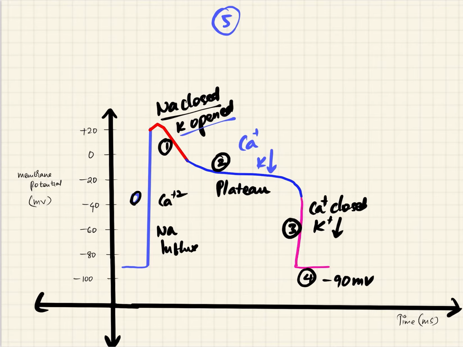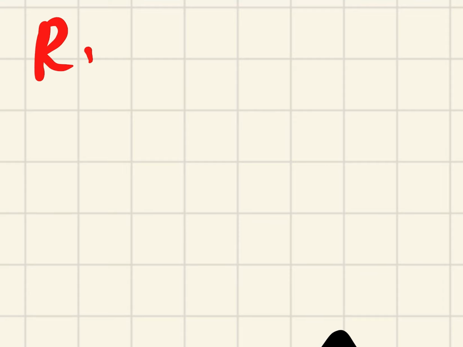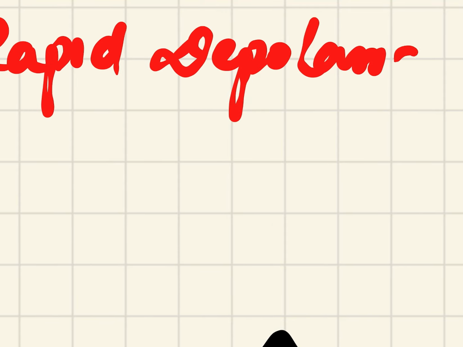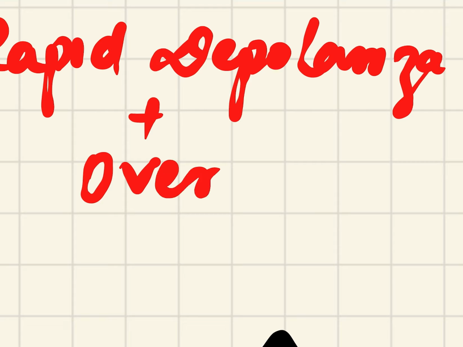The first one is phase 0, also called the upstroke. It is characterized by rapid depolarization plus an overshoot.